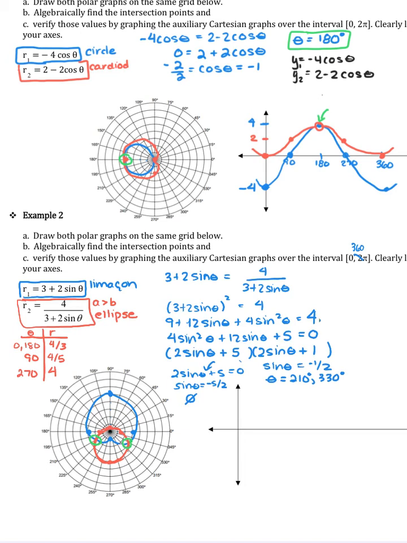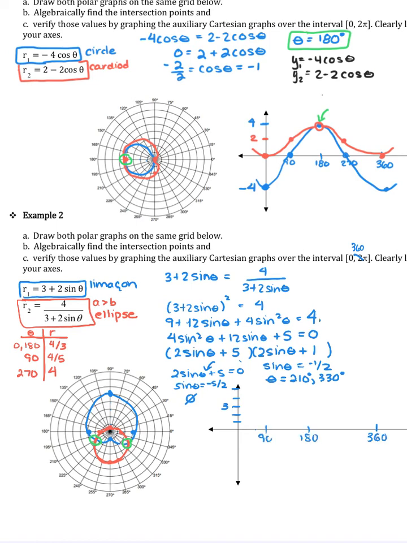Now let's look at it rectangularly. So 3 plus 2 sine theta, if I were to graph that, so you have 1, 2, 3, 4, 5. So we have a vertical shift of 3 with an amplitude of 2, and we're going to go out to 360 degrees.